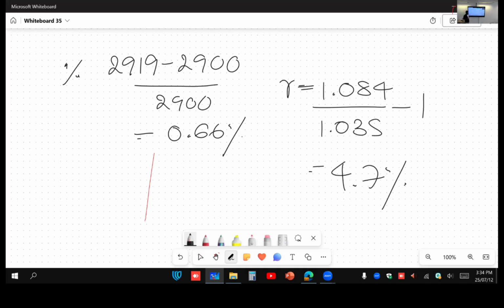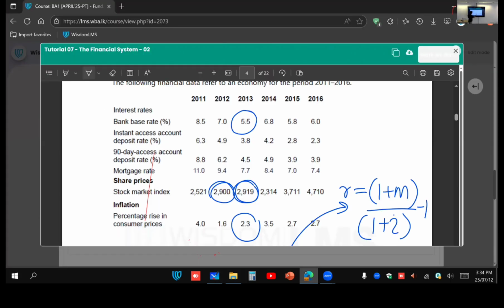0.66%. Right? What's the inflation rate applicable during that period? Inflation rate is 2.3%, whereas the stock exchange has changed by 0.66%. So actually speaking, share prices have increased or decreased? Decreased.